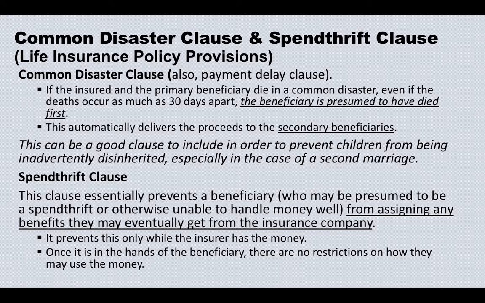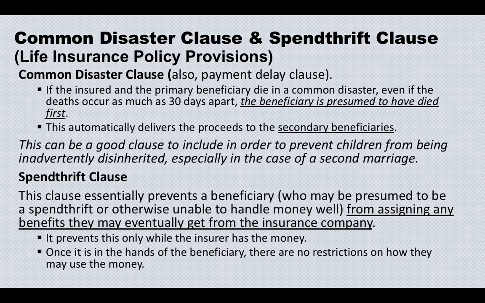So basically, if you have a spendthrift as a beneficiary, you should not set the payout option as a lump sum. You should set up the payout option as something else. Let's say interest only: you let the insurer hold the $1 million death benefit, then pay interest to the beneficiary.